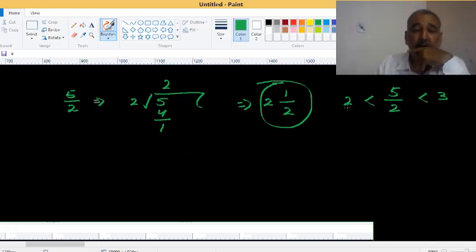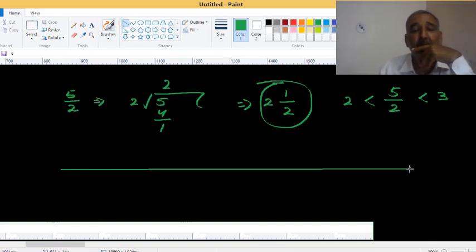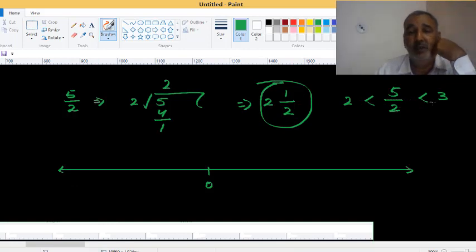So we have to take this number line between 2 and 3. So I am taking a number line here. Just represent 0, and you have to mark numbers in positive direction only.